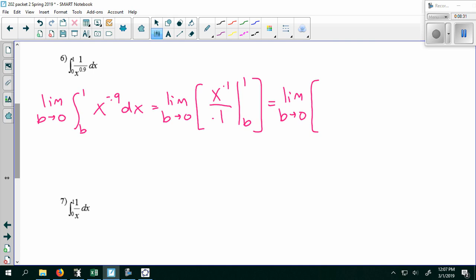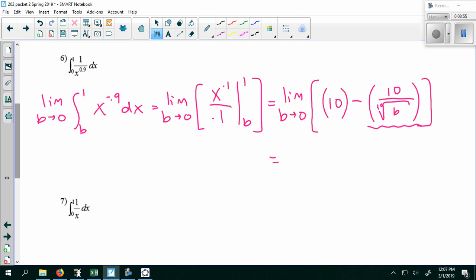Now I'm going to plug in the 1 and I get 10. Plug in the b and I get 10 over the 10th root of b. So the fraction that has a b in it, as b goes to 0, so does the 10th root of b.